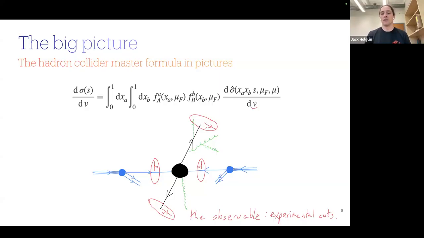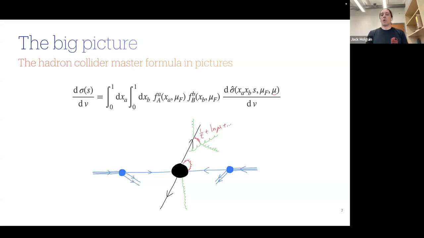Maybe we have cones around the beam directions, which are vetoed because we don't want to look at things down the beam axes. And that's all encoded in this formula into what I've called V. V is the observable or experimental cuts. And I've given an example in the diagram of what that might look like, drawing cones around different axes where we're collecting radiation.